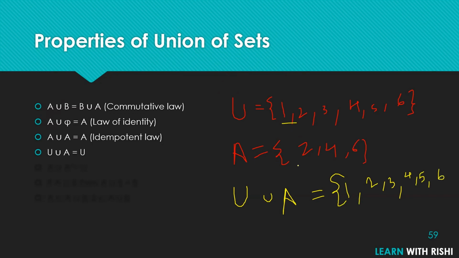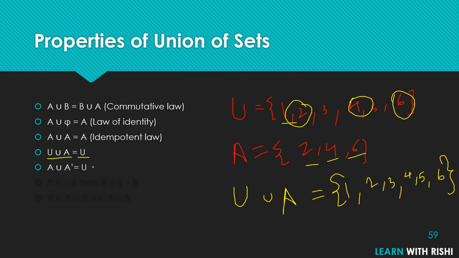The elements in set A, 2, 4, 6, all these three elements lie in the universal set only, so I am going to write them once only, as I want distinct elements. So the new set which I have formed is similar to the universal set. So U union A is nothing but U only.